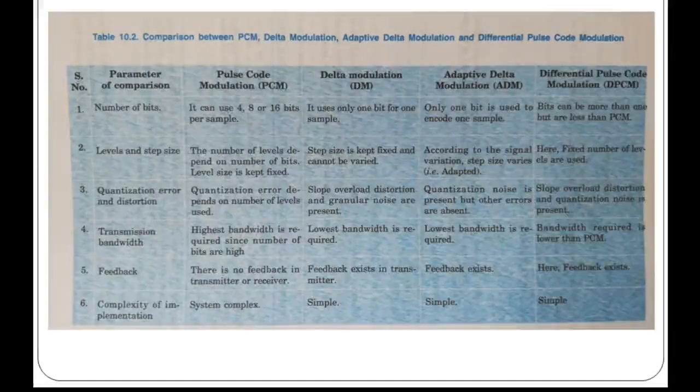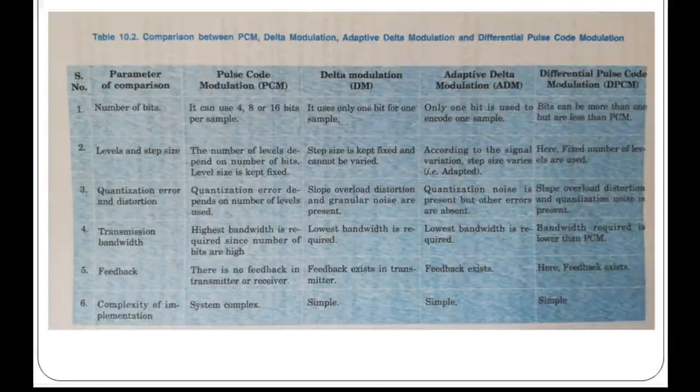In delta modulation, step size is fixed and cannot be varied. Because of that, we are having two distortions, that is slope overload and granular, and this will be overcome in adaptive delta modulation. According to the signal, the step size will vary in adaptive delta modulation, and in DPCM also the step size is fixed. The errors in different modulation schemes are, in PCM we are having a quantization error, that will be del V square by 12, which depends upon the levels used.